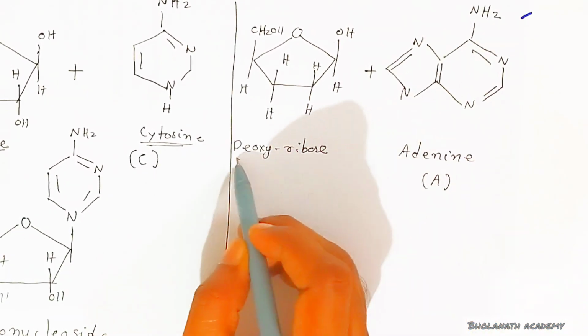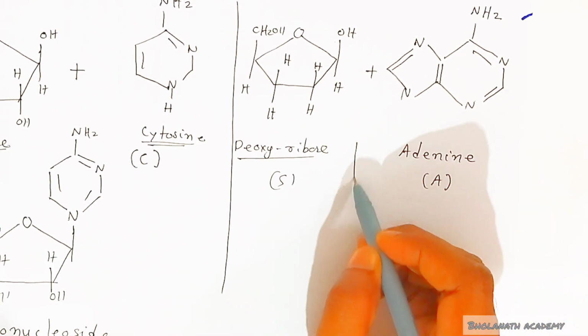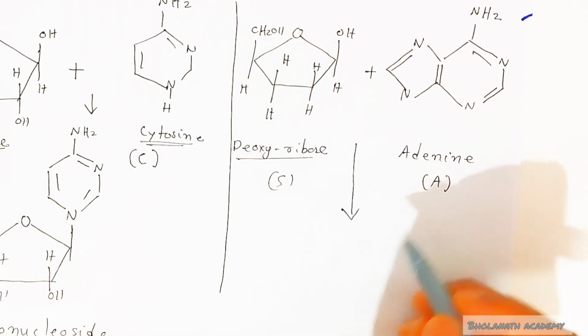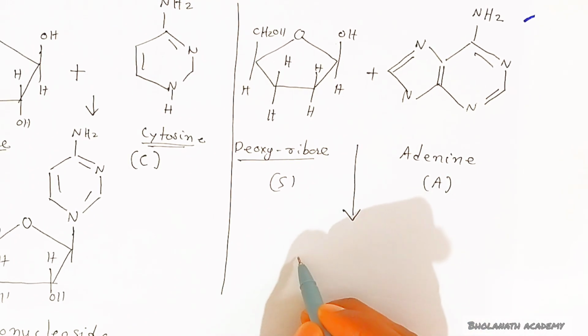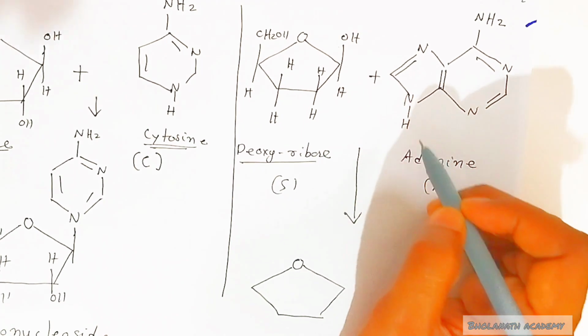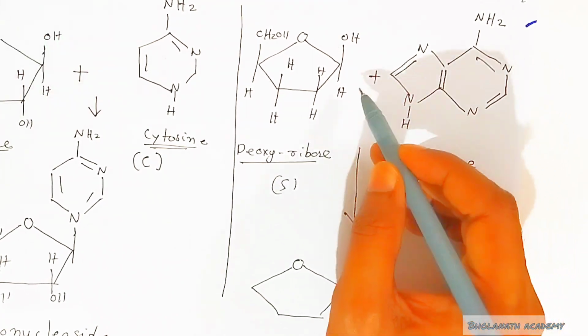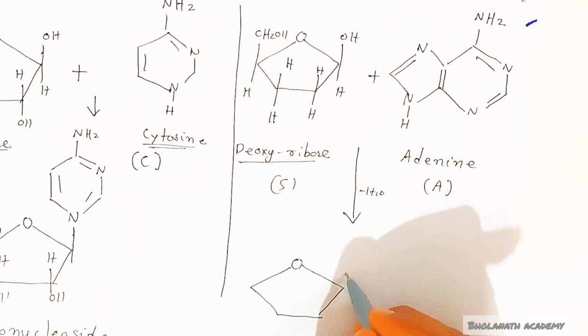So this is the deoxyribose. When it combines with adenine, this is the sugar, students. Now when it combines, it will form the deoxyribonucleoside, a structure like this. Now this is the hydrogen. This hydrogen will combine with this hydroxyl group, and there is a removal of a water molecule.